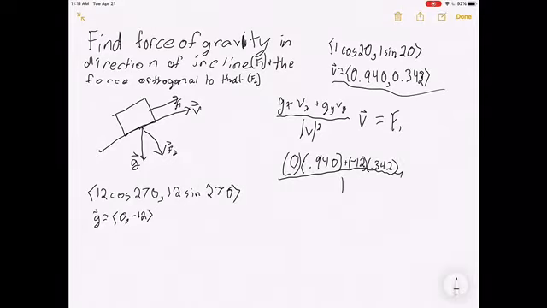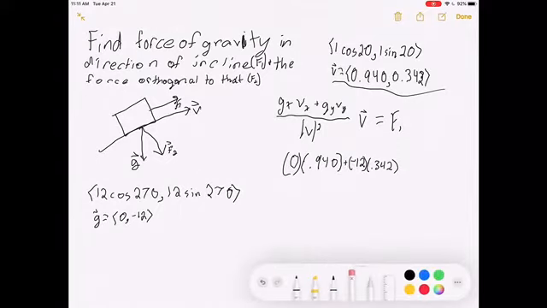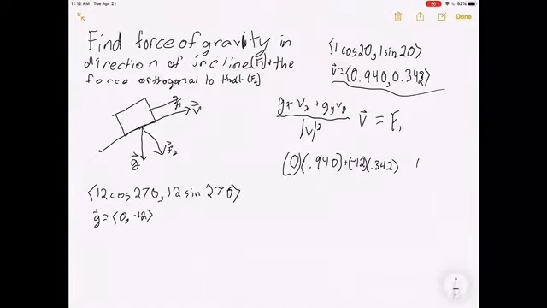That doesn't change the equation at all. So we're just going to have basically this top half. And then we're going to multiply that all by V. We're going to multiply it by both sides of the V. So 0.940 and 0.342.